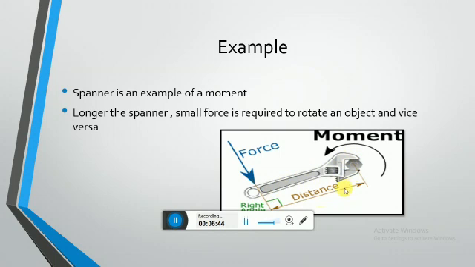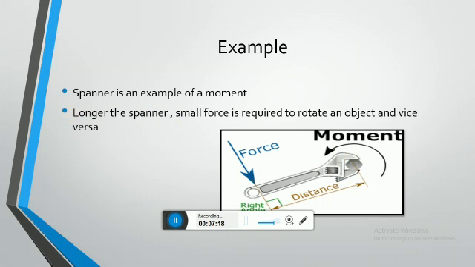The length of a spanner is actually the distance or the moment arm. And here we will apply a force. Look, it rotates anti-clockwise, opposite to the motion of a clock. So this movement is anti-clockwise. So whenever we apply a force, it rotates the object. Clear?